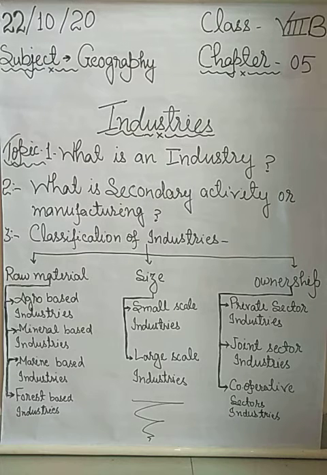Agro based industries use agriculture based products like different kinds of plants, such as wheat to make flour, and animal based products like fur to make sweaters, and also cotton to make fabrics or thread, etc.